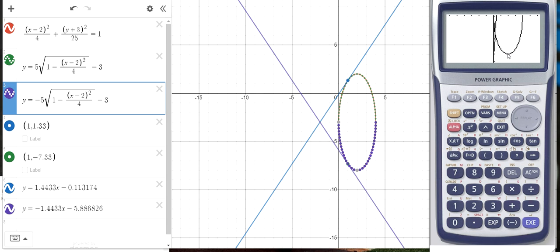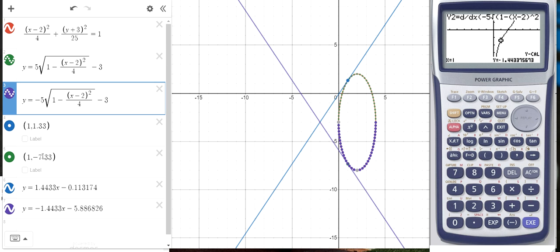So the bottom turning point of the ellipse has a gradient 0, which is shown by the graph of the gradient function. Now I can use the same G-Solve and calculate the y, not of f1, but of the gradient function. Execute that, x equals 1, and the gradient is negative 1.4433, and so on. So that's this one here.